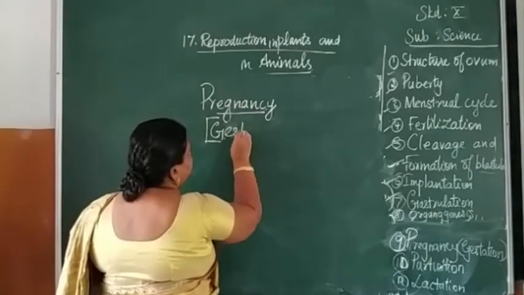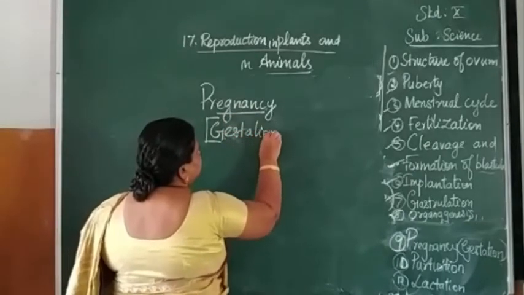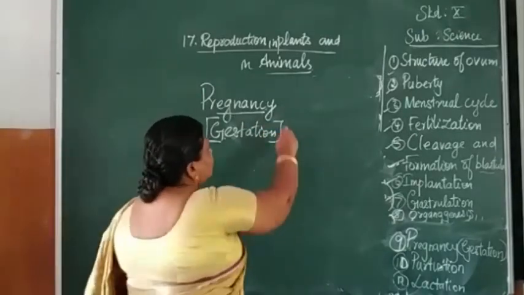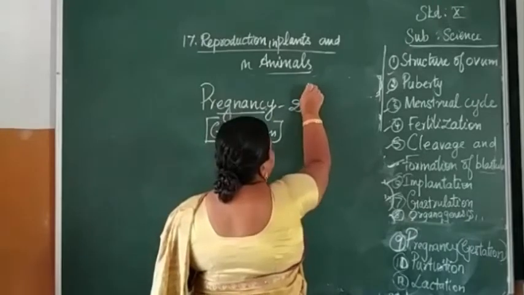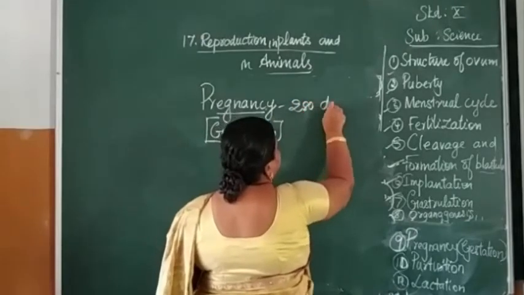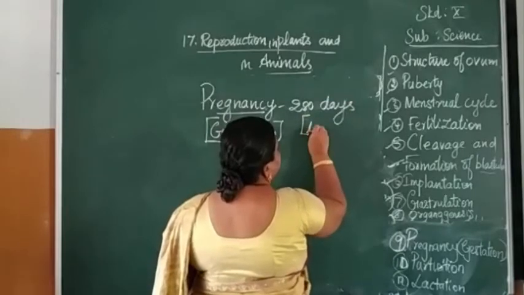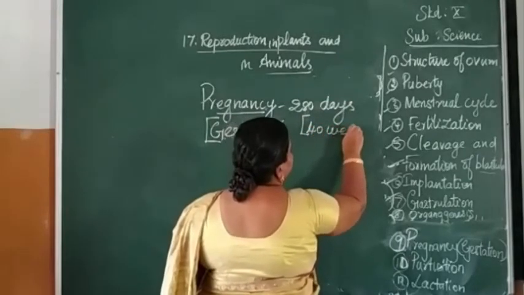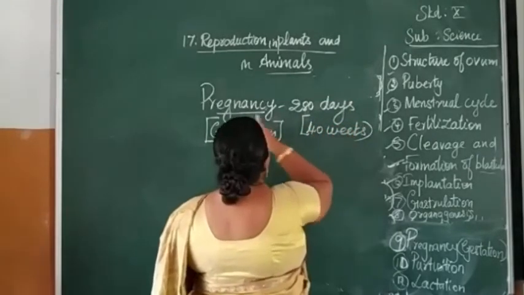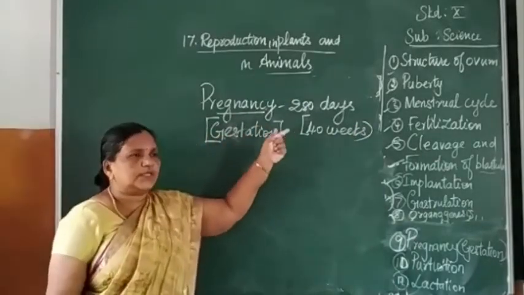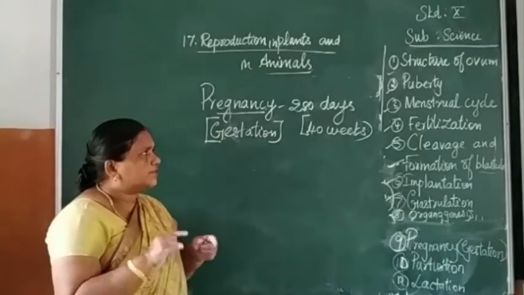Gestation. Totally 280 days, or 40 weeks, for the normal pregnancy time. Total number of days are 280 days from the fertilization.